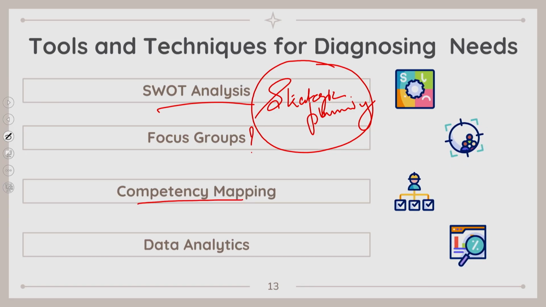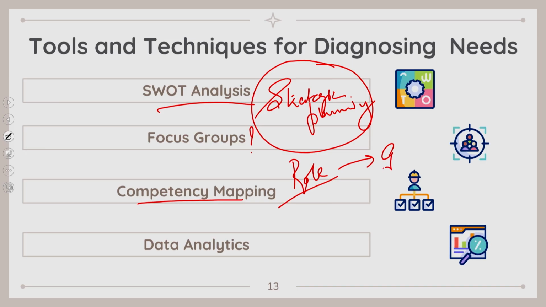Competency mapping, the first question, what is competency mapping? Competency mapping involves identifying the skills, behaviors and attributes required for each role in an organization. So it's not with respect to only one particular organization, it is each role within an organization. Once these competencies are defined, they are compared against employees' current capabilities, which gives us what we know as the gaps, or what we were discussing as the gaps.